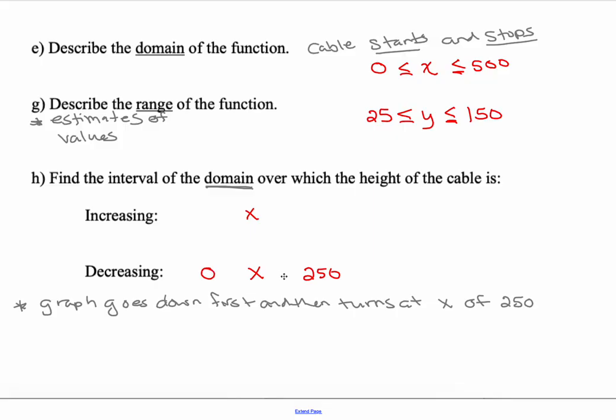All of my decreasing values are between 0 and 250, so it'll be 0 is less than x, which is less than 250. And I will not put the equals to sign on here because I'm going to make a note down here.